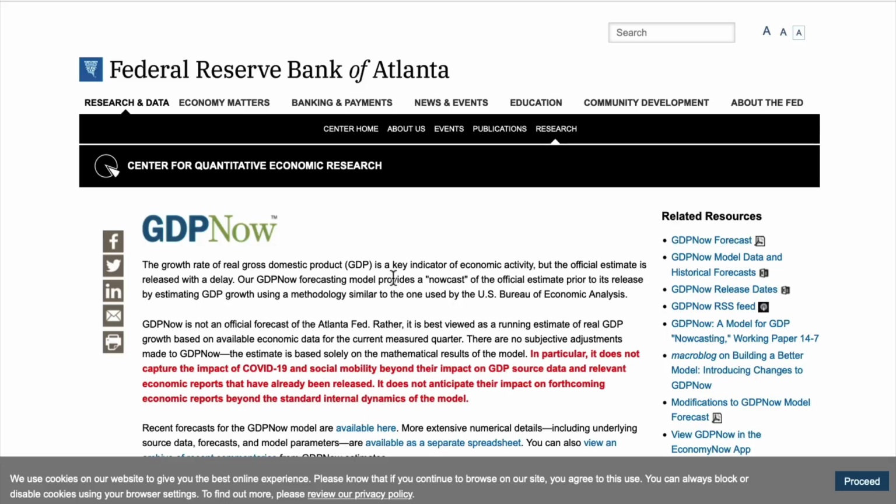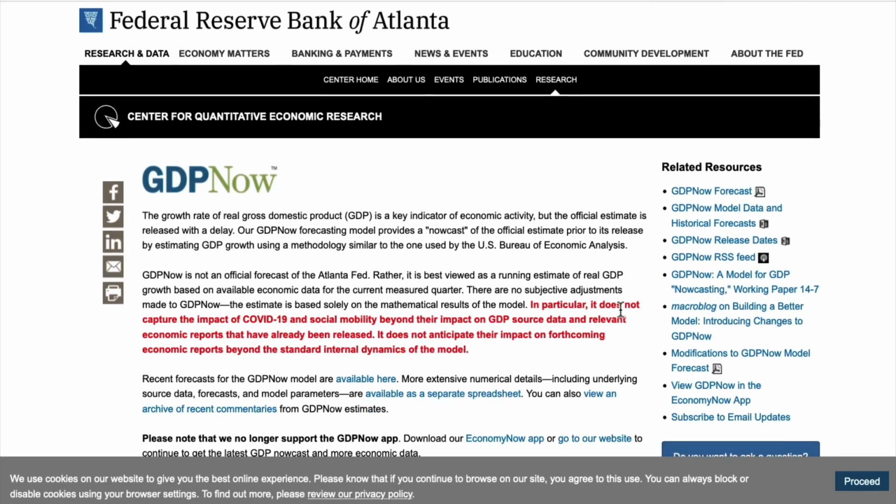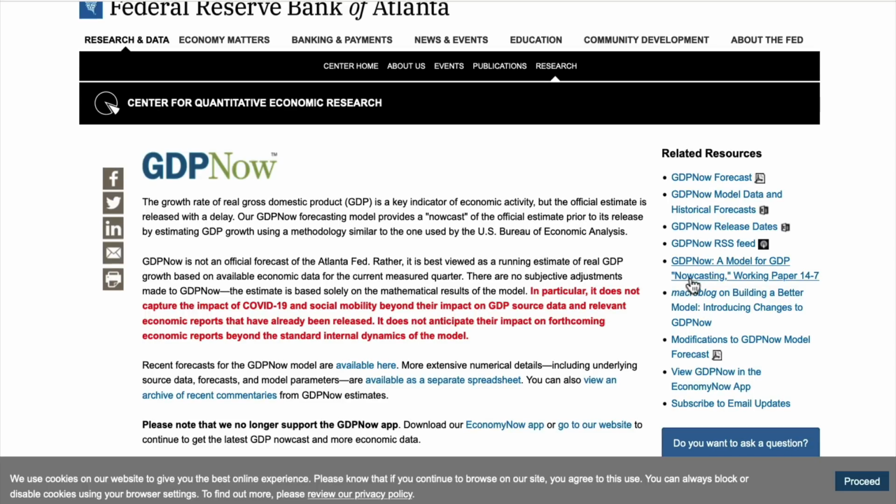Whether, okay, well, I'll read it, but I'm not invested in it, or if you think, well, yeah, that makes a lot of sense. That's up to you. I think you can get it from here too. A model for GDP nowcasting. We came across the term nowcasting in level 3, and GDP Now is an example of nowcasting.